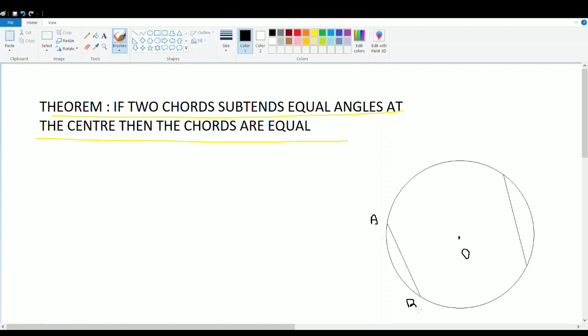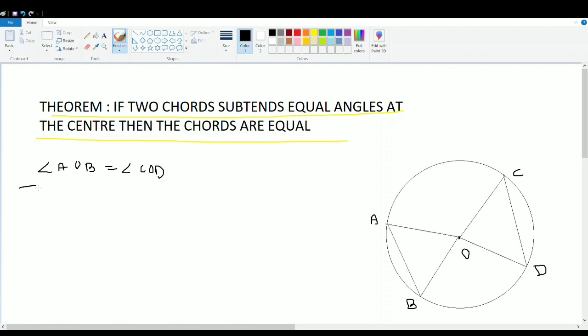It is given that they subtend equal angles, meaning angle AOB is equal to angle COD. That is given here, and we need to prove that AB is equal to CD. Here it is given that angle AOB is equal to angle COD.